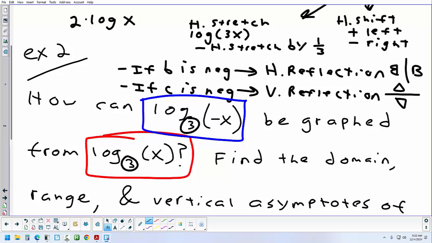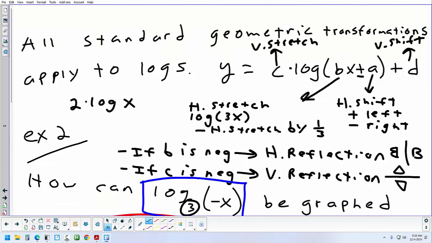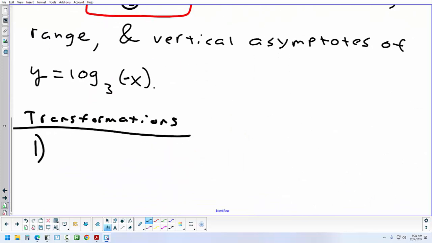Reflection. What kind of reflection? Horizontal. The only thing is there's a negative, think of it as a -1 in the B spot. So that's a horizontal reflection. It's not a stretch. To be a stretch, it has to be a number besides 1. But it's a 1. So horizontal reflection.